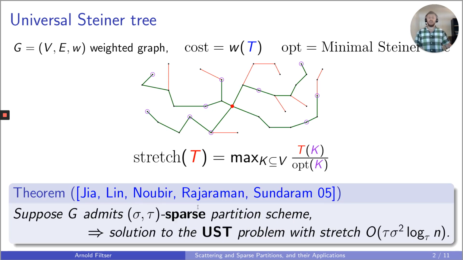Specifically, Jia et al. showed the following. Suppose that the graph G admits a (σ, τ)-sparse partition scheme, so I will soon define what this means. Then you can construct a solution to the universal Steiner tree problem with stretch which is polynomial in τ and σ times log n. Okay, so this is the first application. If you have sparse partitions, then you have good solutions to the universal Steiner tree problem.